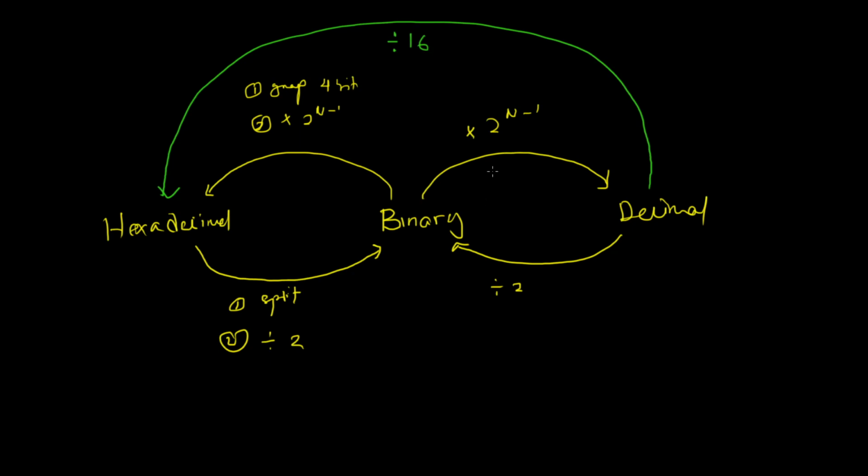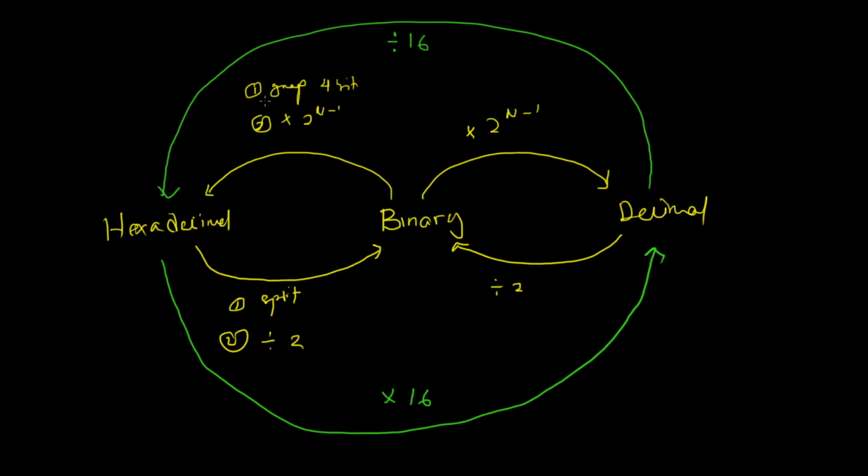I am not talking about a decimal number with a decimal point, I'm talking about a whole number. Then for hexadecimal to decimal, you multiply with 16. So it's like a human face already now.